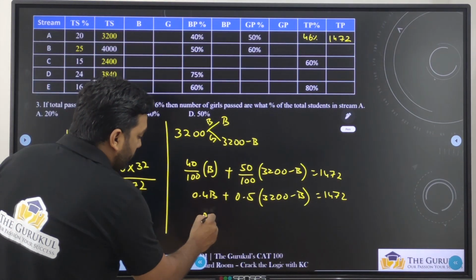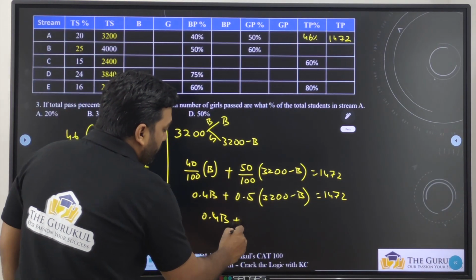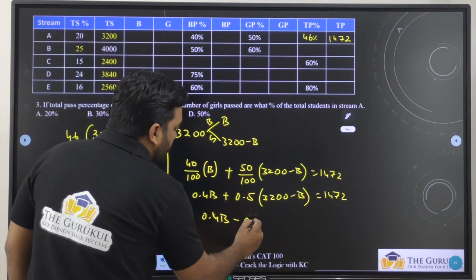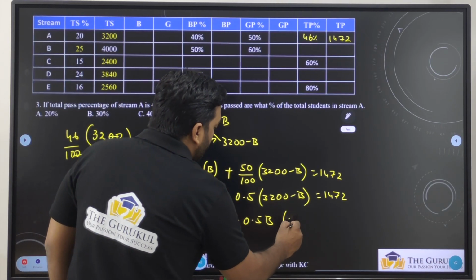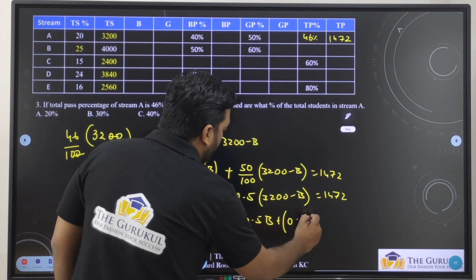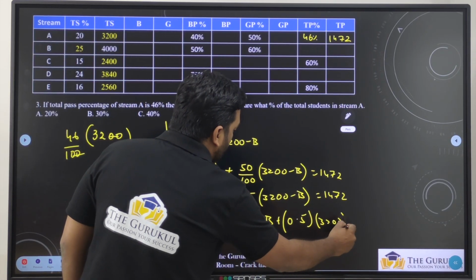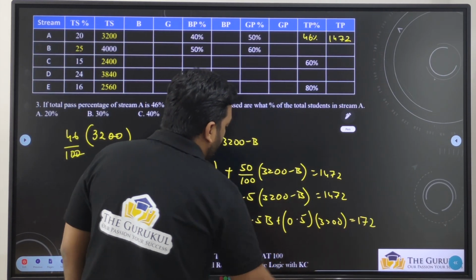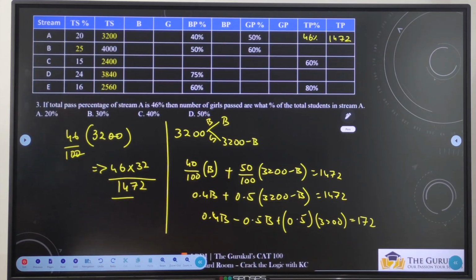So if I do it further, 0.4B minus 0.5B plus 0.5 into 3200 is equal to 1472. 3200 into 0.5 means 3200 by 2, which is 1600.